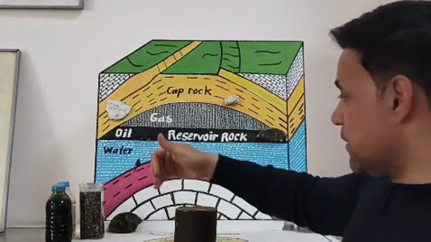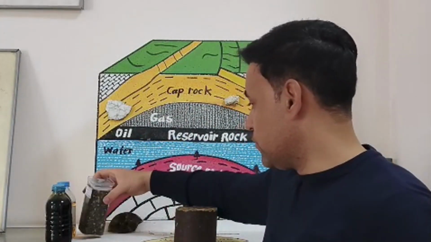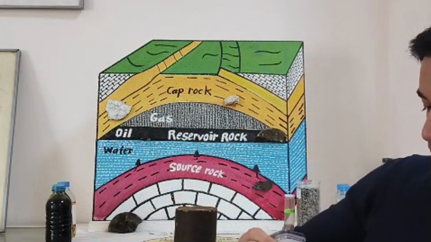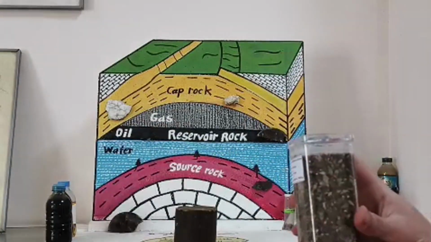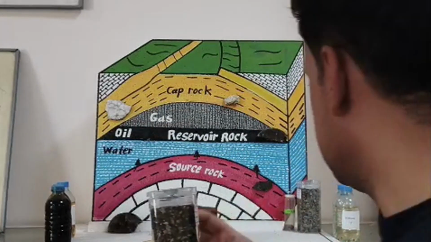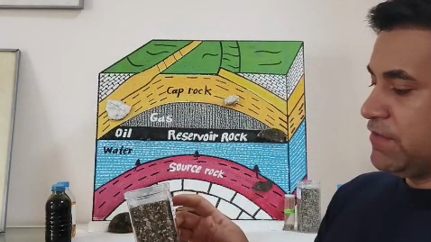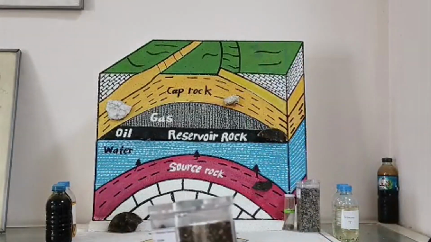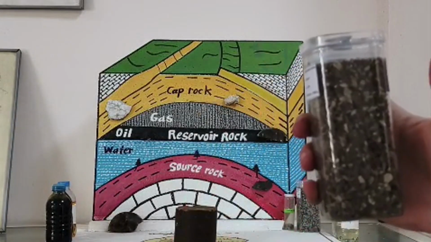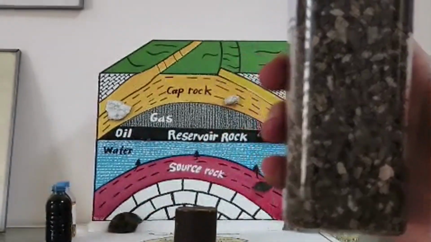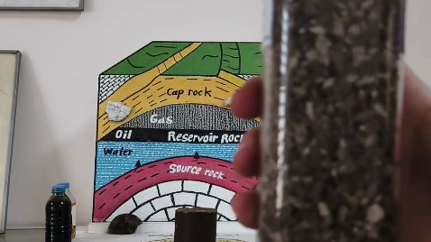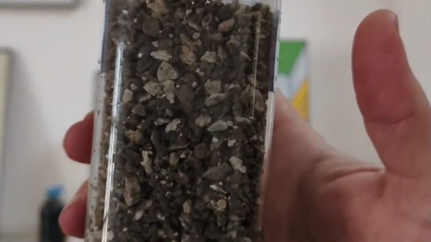So let's make this more clear about porosity. Let's suppose that this is a pile of sandstone in a bottle. I think it's clear enough to see.